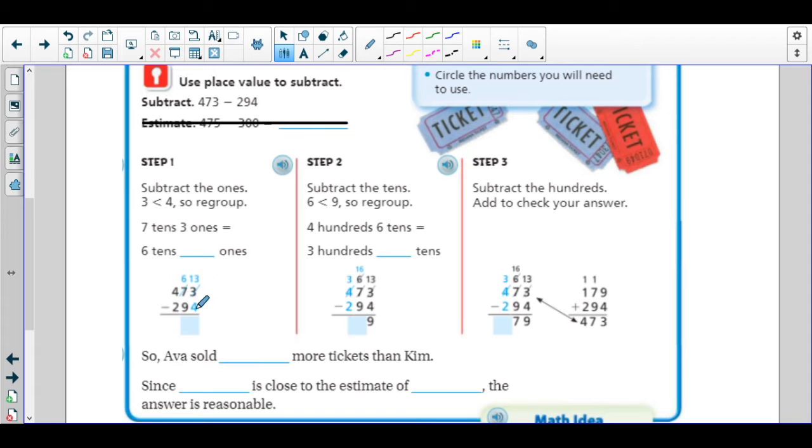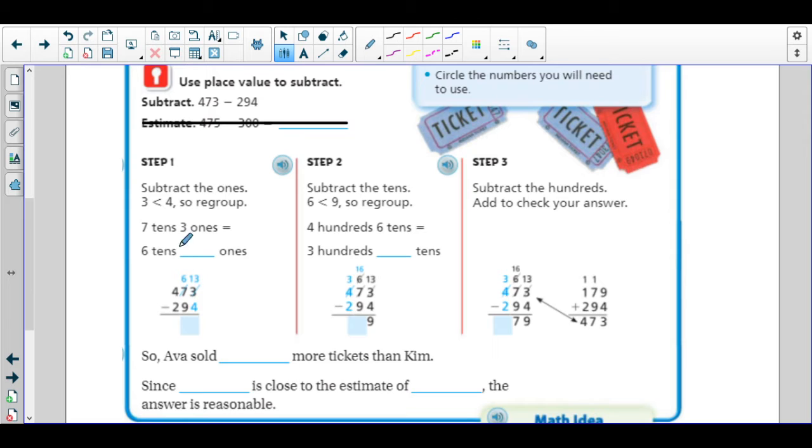Well, we can't take 4 from 3. It's going to put us in the minus. If I owe somebody $4, but I only have $3 in my pocket, I'm not going to have enough to pay somebody back. So I have to borrow from somebody else.